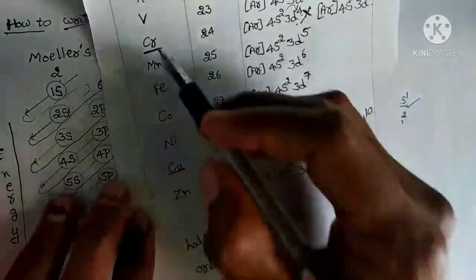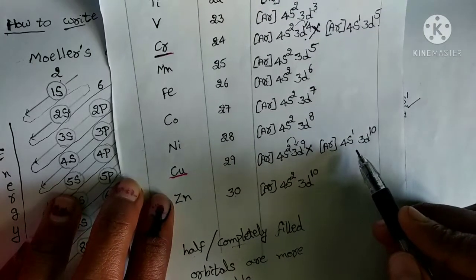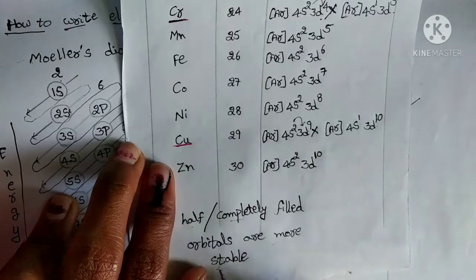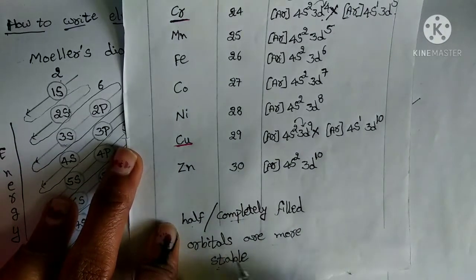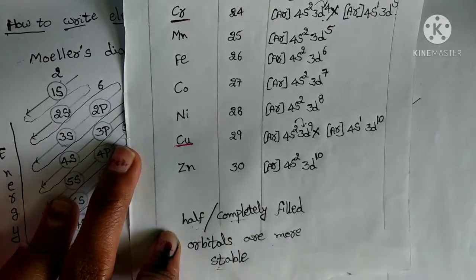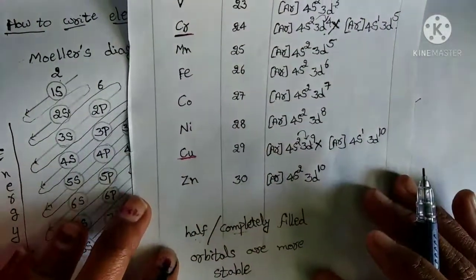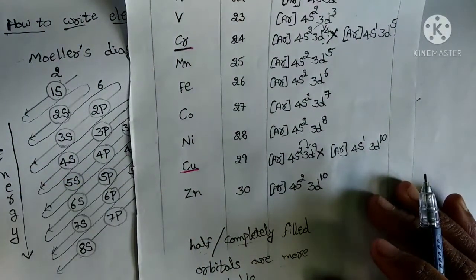So both chromium as well as copper are showing different electronic configurations to become more stable. How are they getting more stability? Because half filled or completely filled orbitals are more stable than the remaining cases. So these two are showing exceptional electronic configurations.